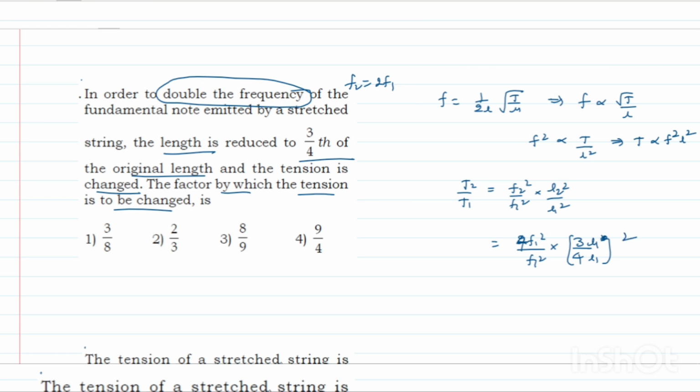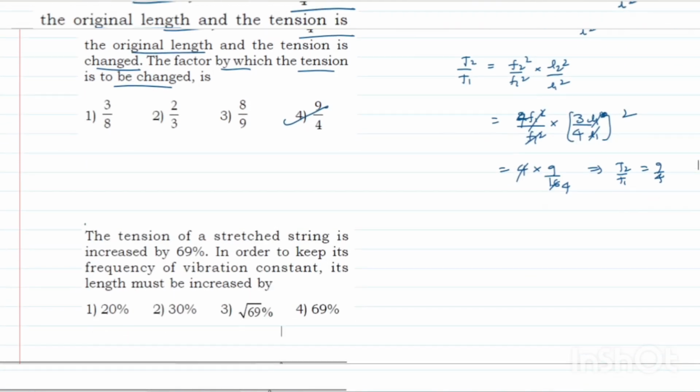F1 square gets cancelled, 4 into L1 by L1 gets cancelled, 3 3s are 9 by 16, 4 4s will be getting. So T2 by T1 will be equal to 9 by 4. This is the correct answer.